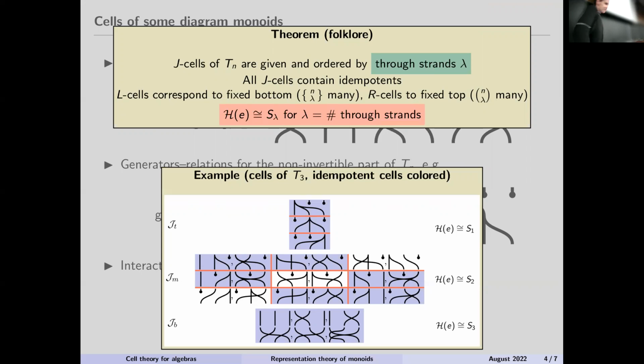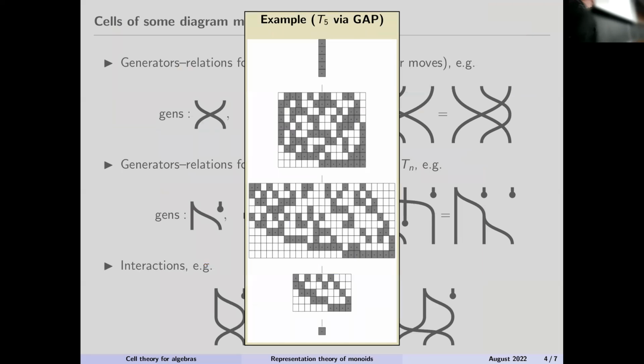Okay, and that's what I just said. Here's a general picture. So this is T5. The notation here is kind of a little bit weird. So Gap does the following trick. Gap knows the following, which I haven't told you.